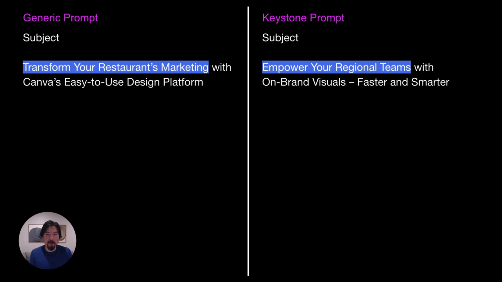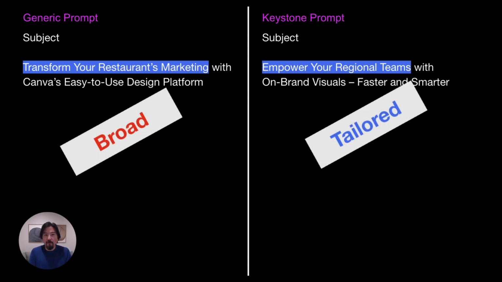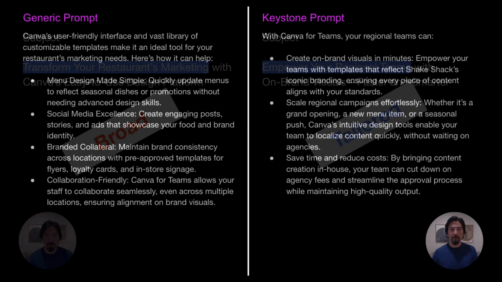There's nothing inherently wrong with that, other than the fact that it's so broad and non-specific that it has no real meaning. Meanwhile, the keystone prompt generated a subject line that's tailored to addressing the unique needs of regional teams at this restaurant chain. So overall, the generic line is broad and less engaging, while the keystone line is tailored to the recipient's context, making it more relevant.